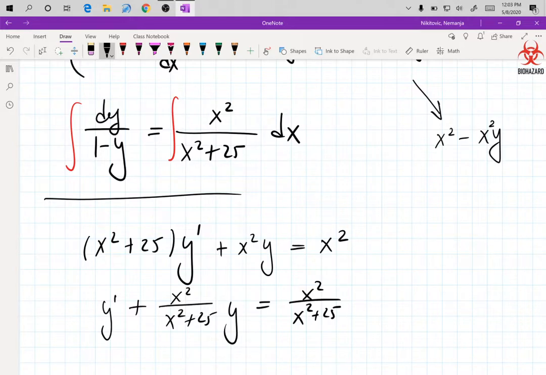Now, to do integrating factor on this one might not be the best.